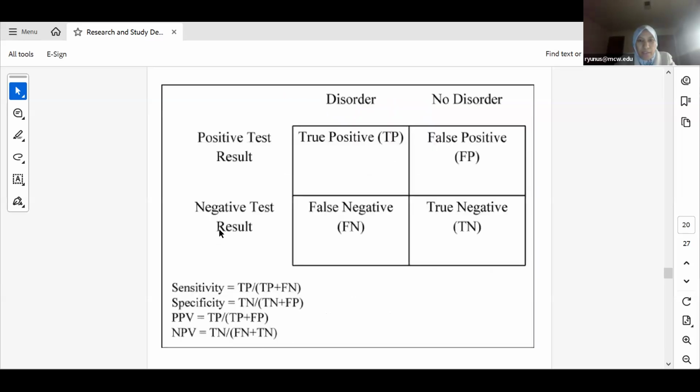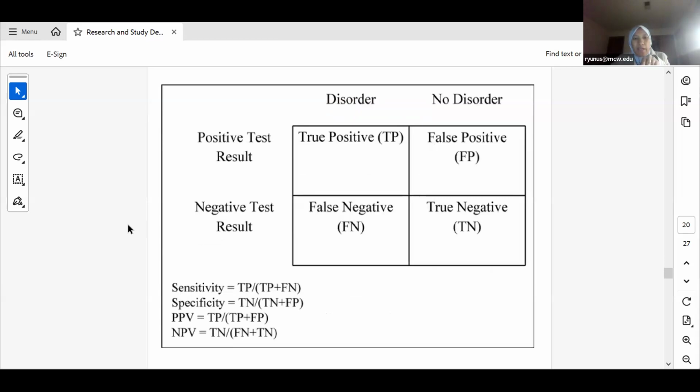Okay, let me show you this next. I think this is a better slide because it's easier to understand. Let's look at the first box on the upper left side, true positive, TP. What does that mean?